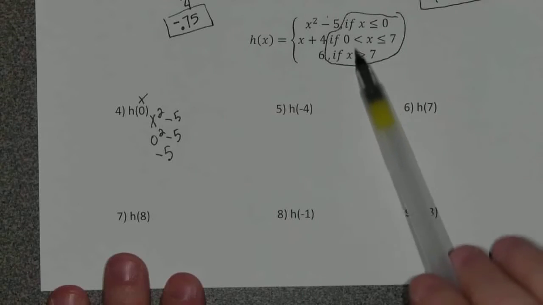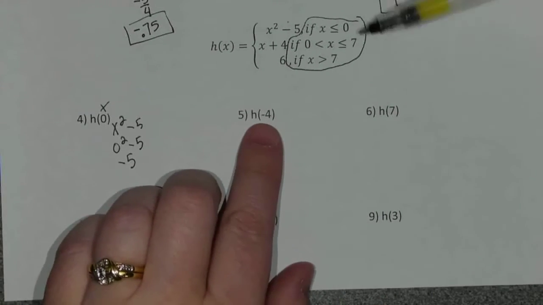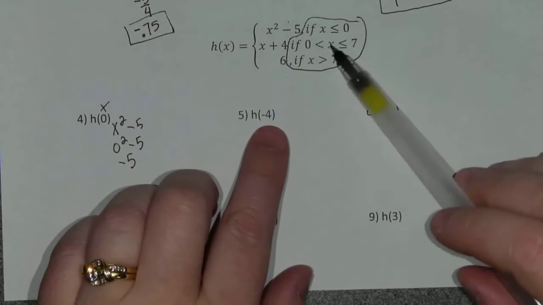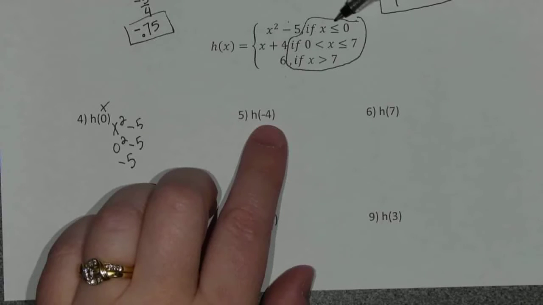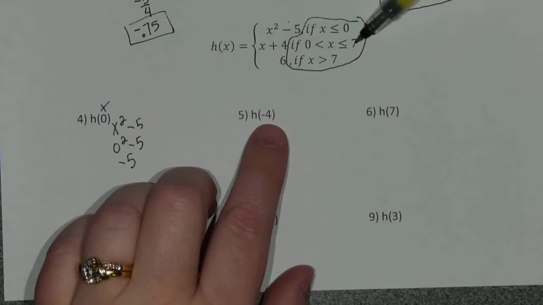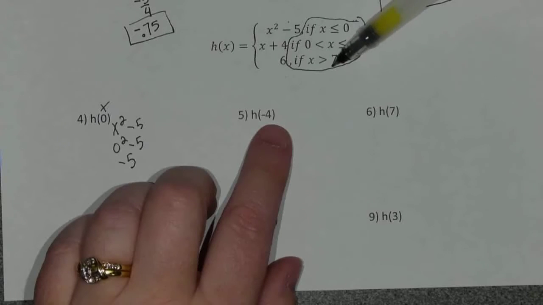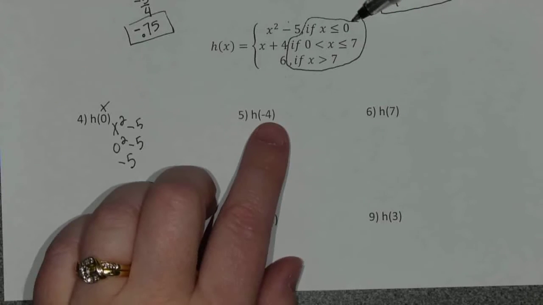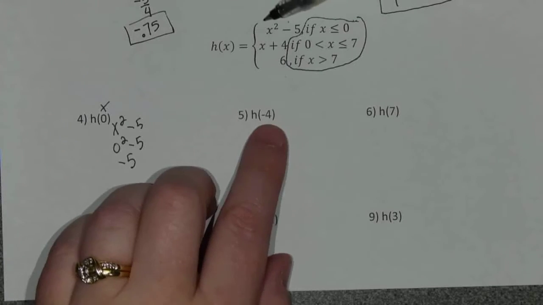Because all I really did was find which one of these values it fits. So let's try -4. And I could check from the bottom to the top to the bottom. It doesn't matter. Is -4 less than or equal to 0? Or is -4 between 0 and 7? Or is -4 greater than 7? Which one of these 3 spots did that fit into? The top. So I'm going to use my top equation.